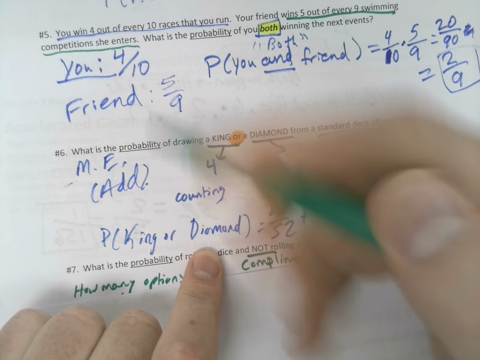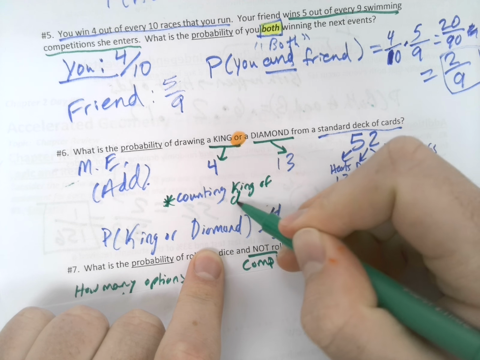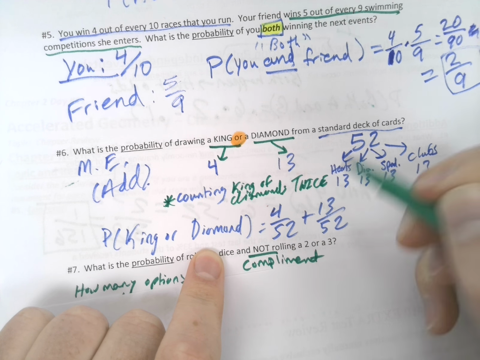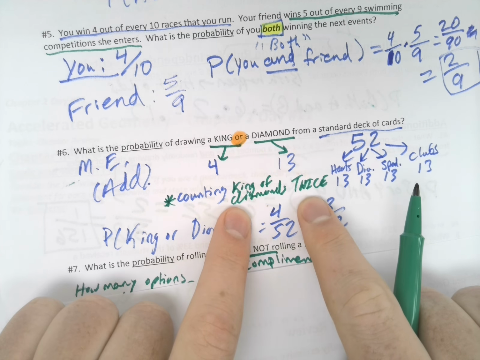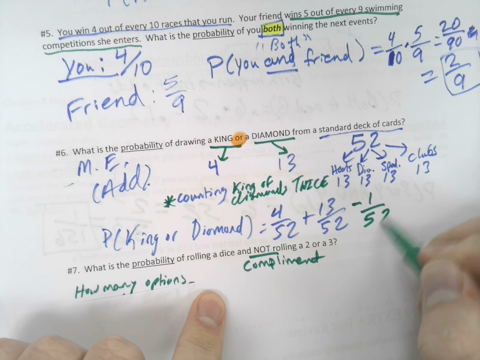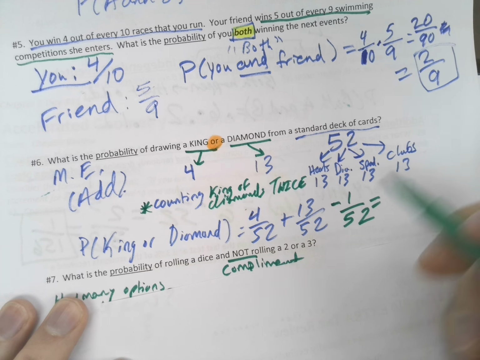So right now we are counting, let me switch up colors here, we are counting the king of diamonds twice. Can't do it. We're counting the king of diamonds twice right now. Once there and once there. So we need to subtract out that king of diamonds. So we're only counting it one time. So you add those together.